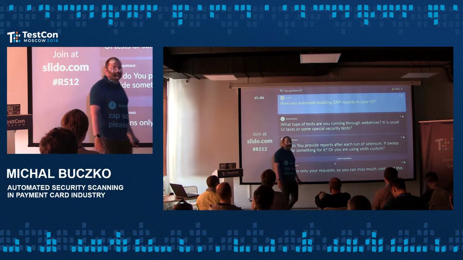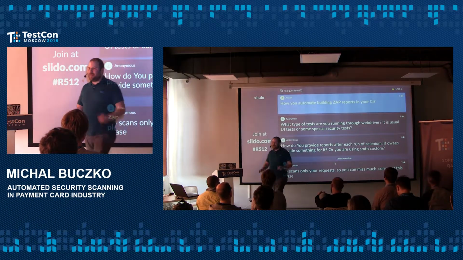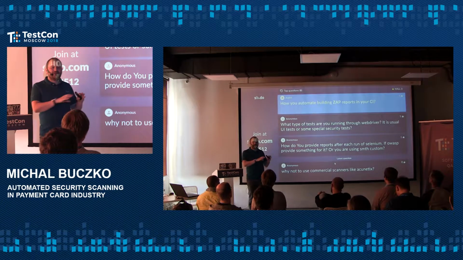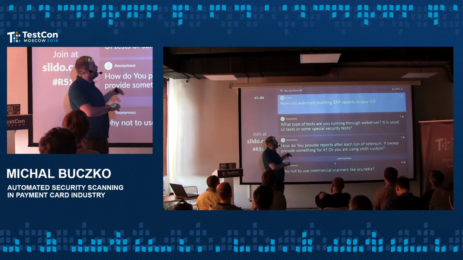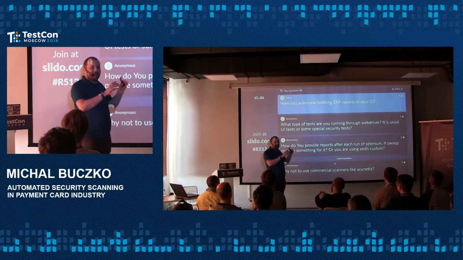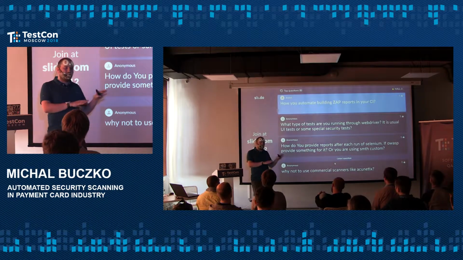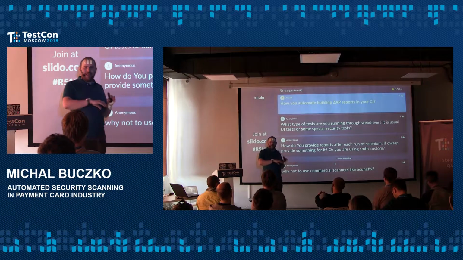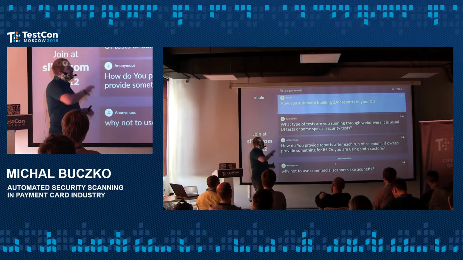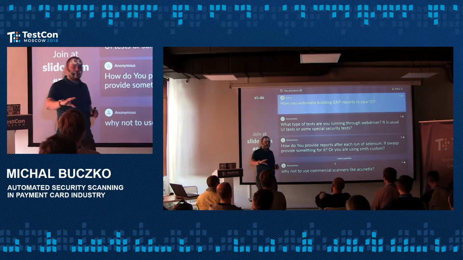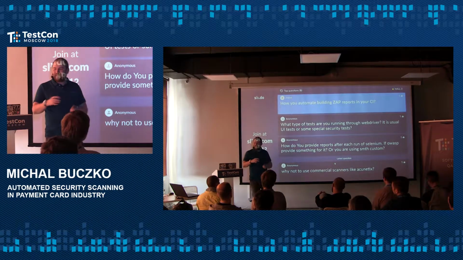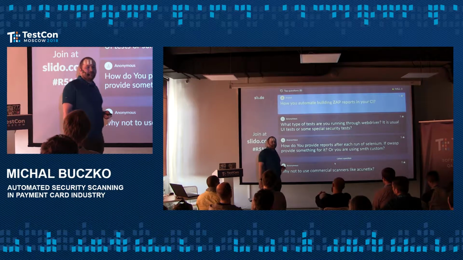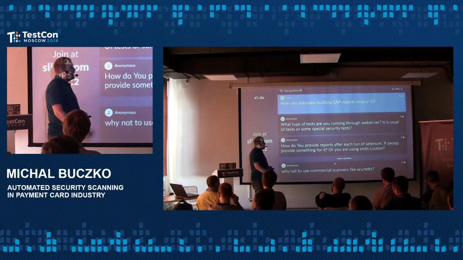Okay, so ZAP has a command line interface, and there's also a ZAP scripting interface. So you can open ZAP and configure it through the command line, and ask it to generate HTML reports to a chosen path on the server on which it's running.